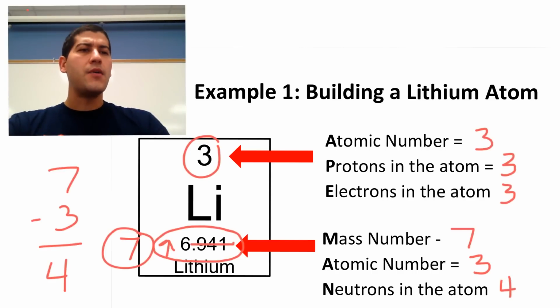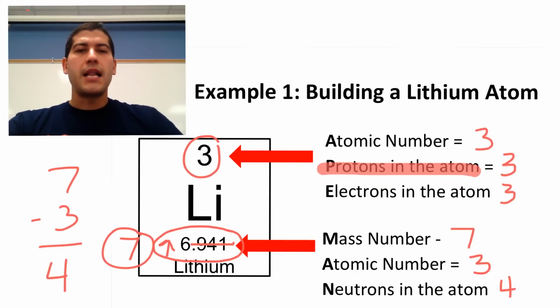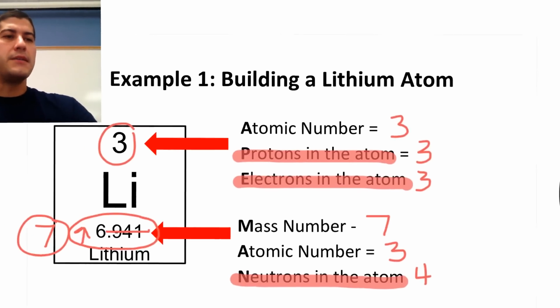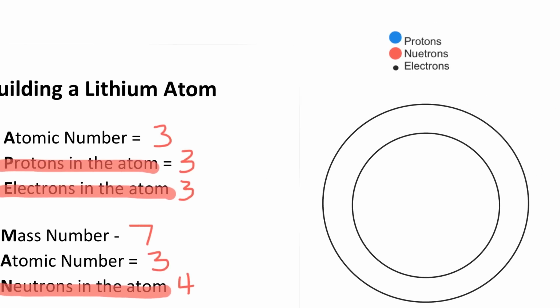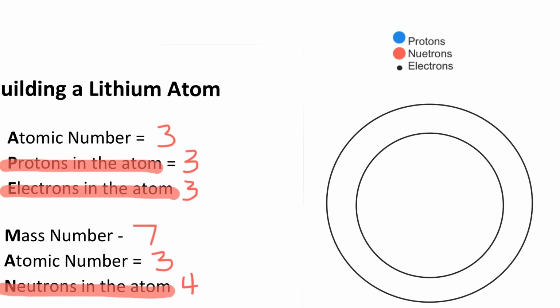So we found all of the subatomic particles that we need to draw this atom out. Now we just need to draw the nucleus and the electron cloud of the atom correctly. So let's go ahead and do that together. I've got a key up there for my subatomic particles. And let's begin with protons. The number of protons in the nucleus of a lithium atom was 3.